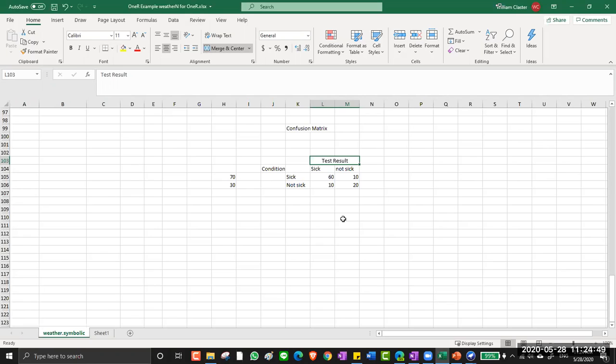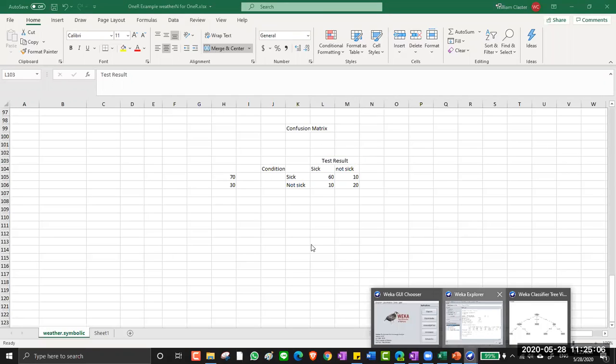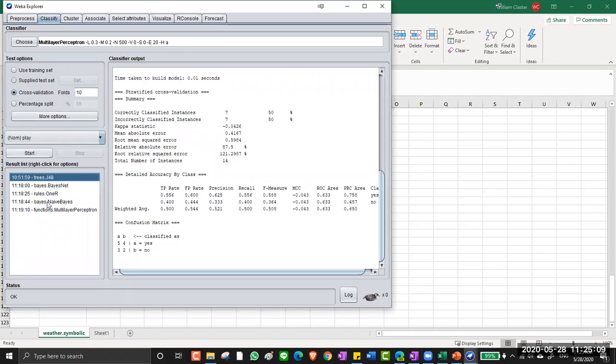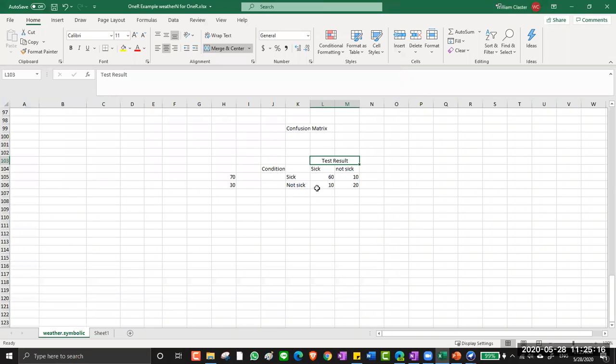That's the thing that's doing the predicting. You understand? Well, the algorithm is the thing that does the predicting. In here, the algorithm was J48. It did the predicting. Here, it was naive Bayes. Here, it was OneR. Here, it was multi-layer perceptron. Here, what's doing the predicting? The medical test, right? Everyone understand that?